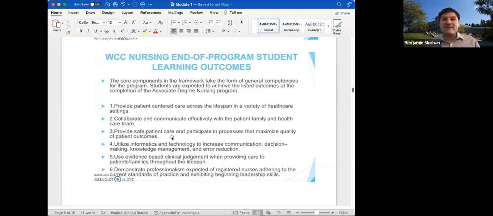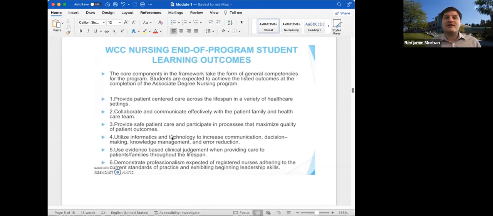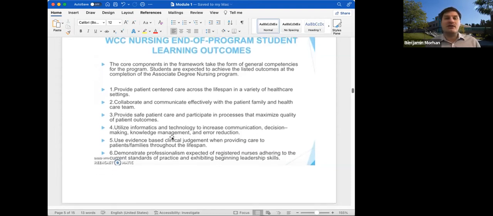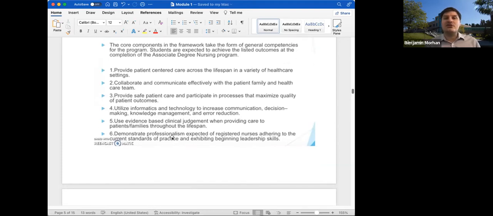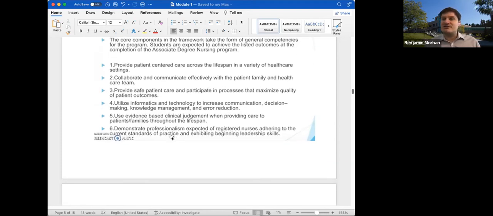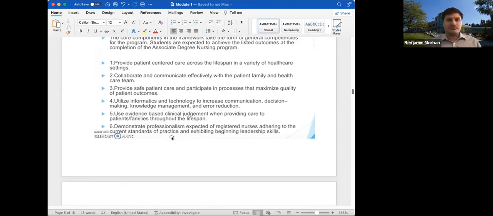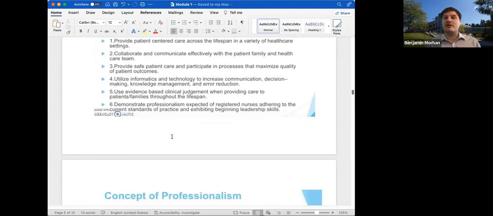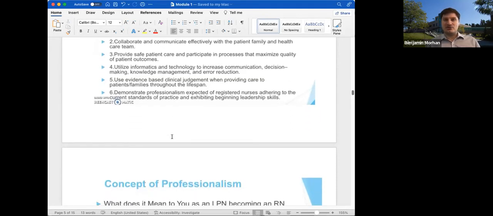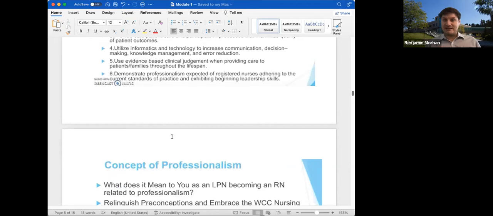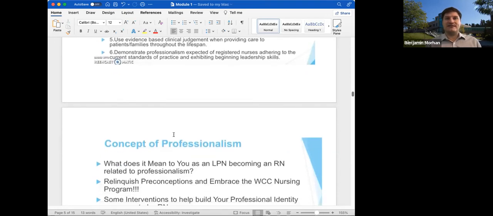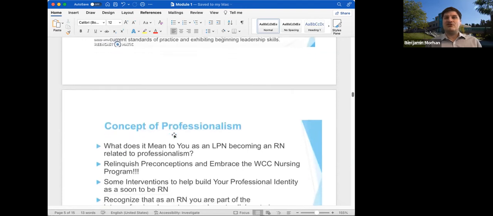Number 3, provide safe patient care and participate in processes that maximize quality of patient outcomes. 4, utilize informatics and technology to increase communication, decision making, knowledge management, and error reduction. 5, use evidence-based clinical judgment when providing care to patient families throughout the lifespan. And 6, demonstrate professionalism expected of registered nurses, adhering to the current standards of practice and exhibiting beginning leadership skills.